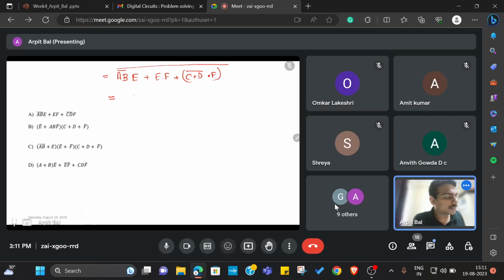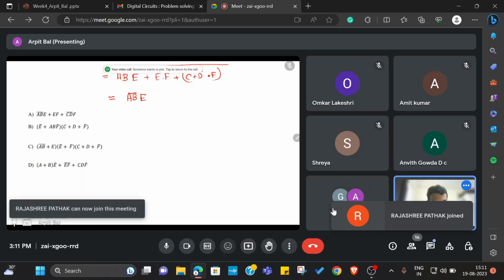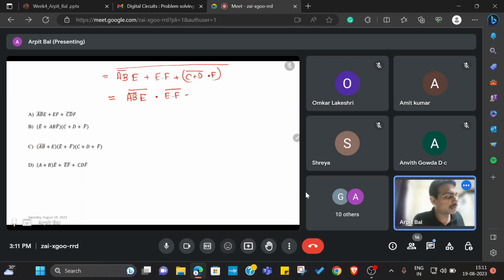That will be (AB bar E)' · (E·F)' · ((C plus D bar)·F)'. We arrived at this particular equation by using De Morgan's law.